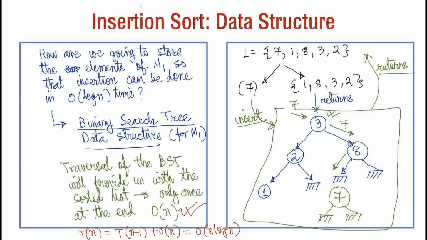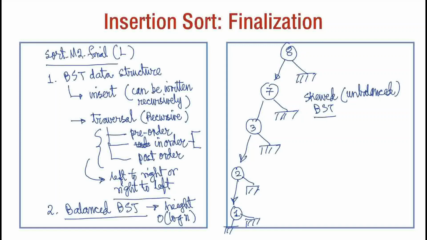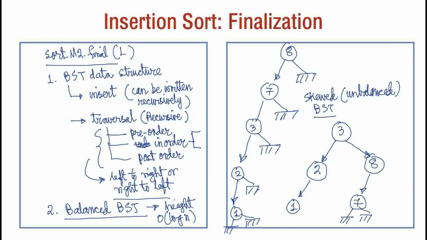If we do that for a sequence like this, so suppose we have 3, 2, 1, 8, 7.